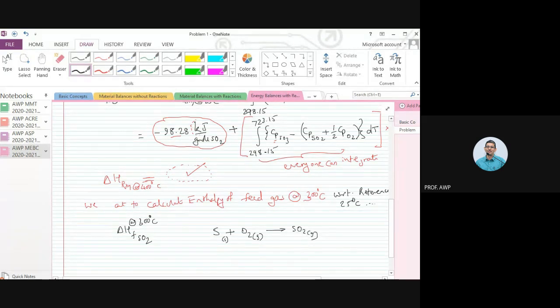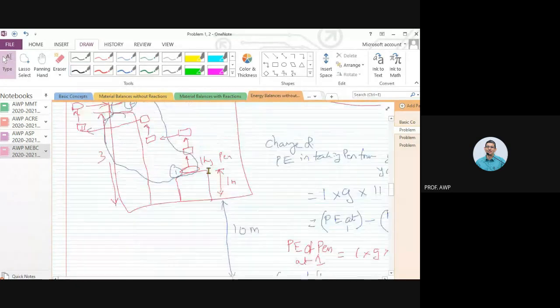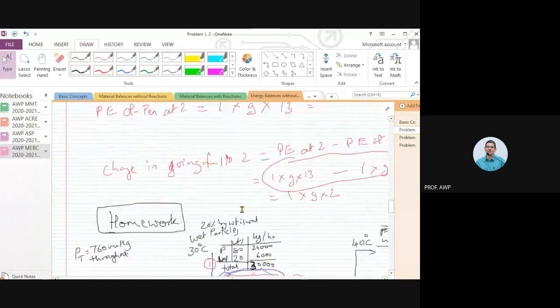I would have to give you the CP value for sulfur as well. Do you agree with that, Shaurya Raj? Yes, sir.